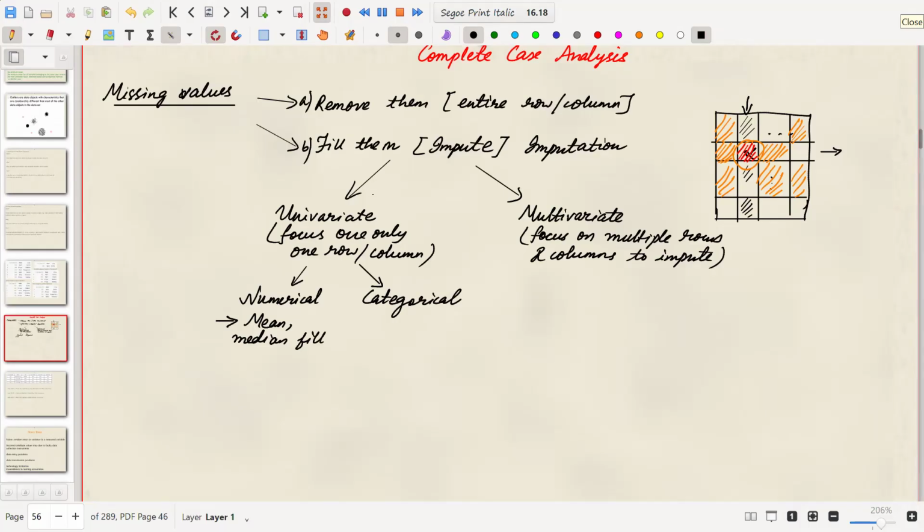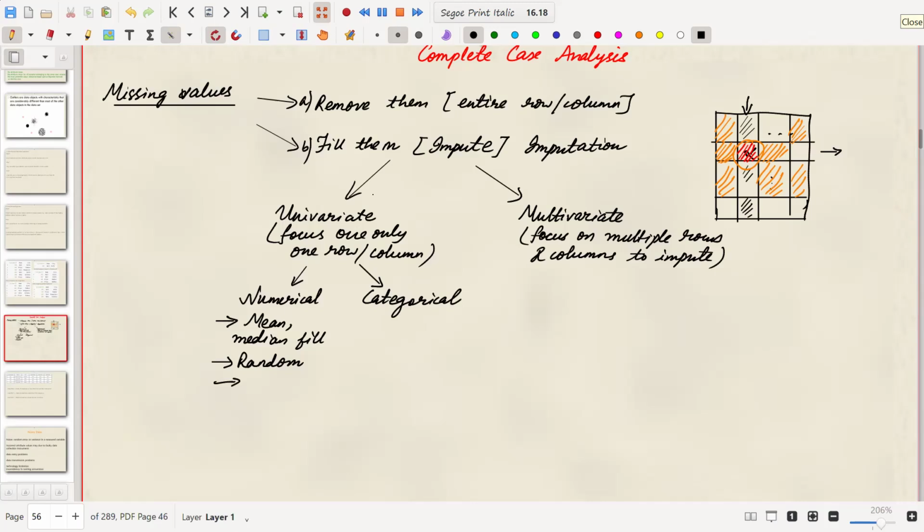Or you can randomly fill, I mean, you can assign any random value to the missing entry, or you can assign the mean of that column or the median of that column.